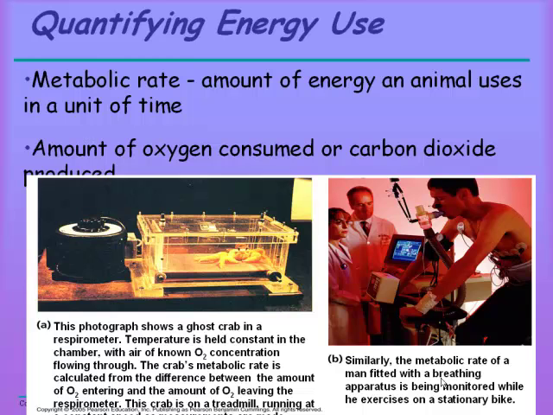The temperature is held constant in the chamber with a known amount of oxygen concentration going through. And the crab's metabolic rate is calculated from the difference between the amount of oxygen entering and the amount of oxygen leaving. And this little crab's running on a treadmill.